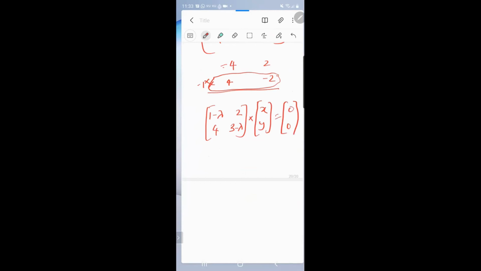So I'm taking some vector, applying some transformation, and you can imagine I'm collapsing that vector to the origin. That's what's happening in this equation. Does that interpretation look fine to you guys?